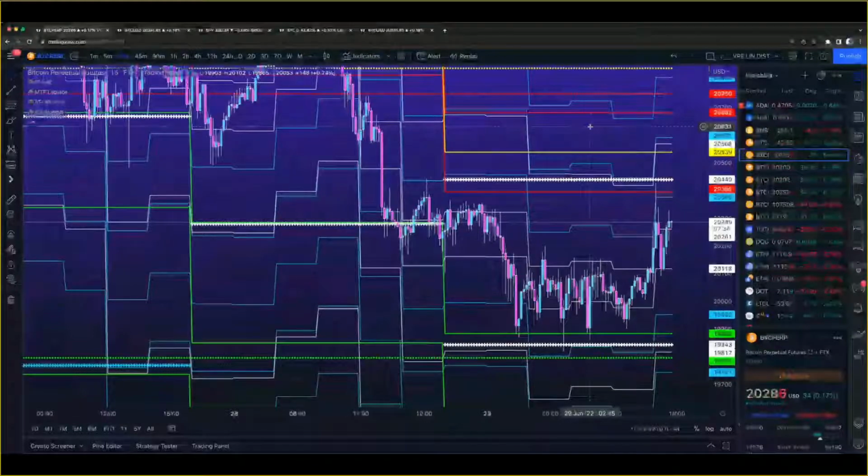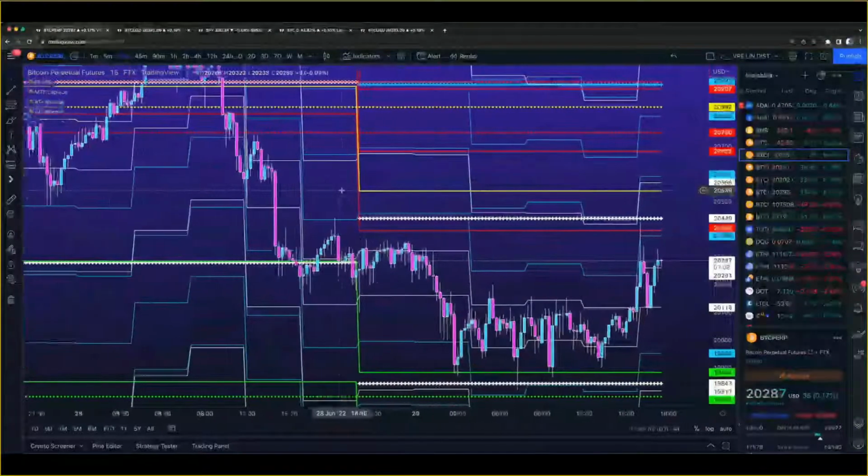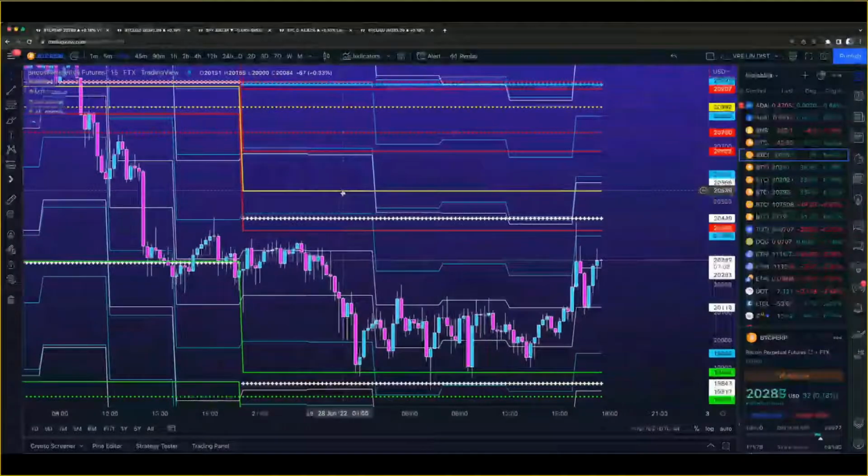You can trade them both in lockstep. They're going to move together, especially if it's significant correlation. We will see what happens here.